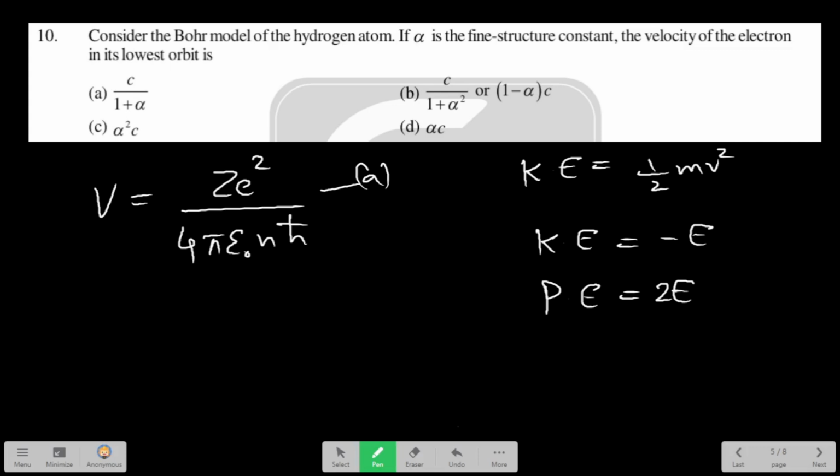And how will you find the radius of the orbit? Radius is equal to, you can use the relation mvr is equal to n h cross.